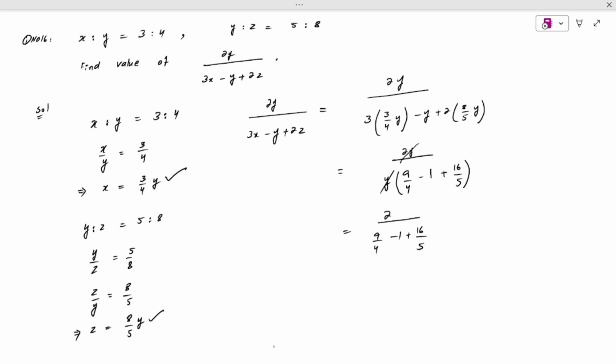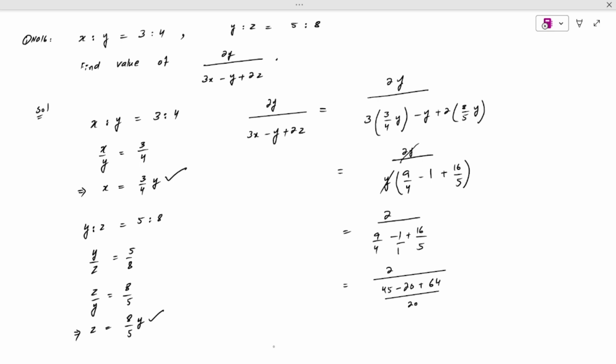So in the denominator, we can take the LCM of 5 and 4, which is 20. 4 fives are 20 and 9 fives are 45, minus 1 twenties are 20, so 1 twenty is 20, plus 5 fours are 20 and 16 fours are 64.